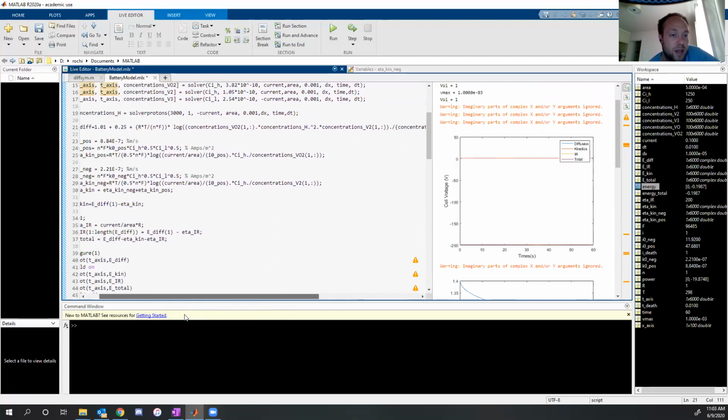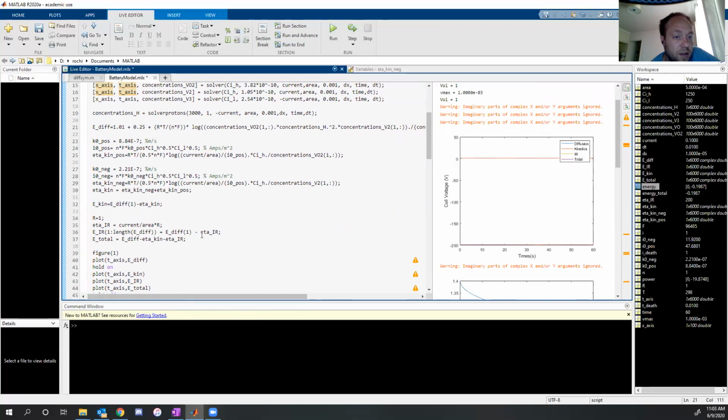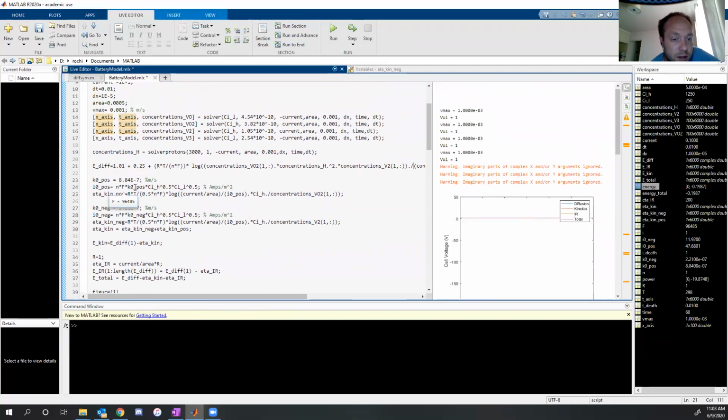Okay, so we have K not positive, that looks good. You have NF K positive. You have RT divided by, okay, you have log current divided by area divided by I not positive. You might not need the period before the multiplication sign there.